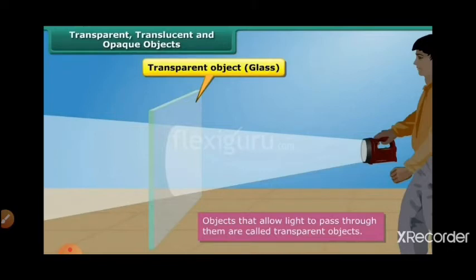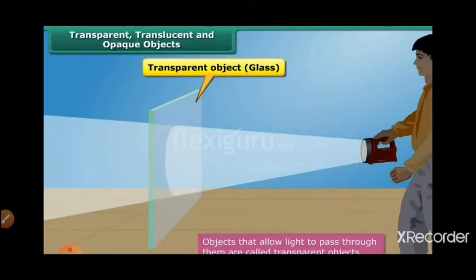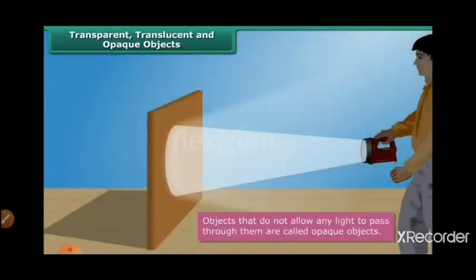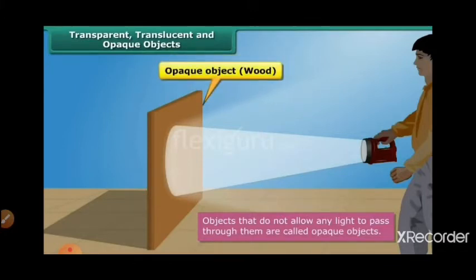These are called transparent objects. There are so many examples you can observe as transparent. Next one is opaque. Opaque objects will not allow the light to pass through them. Opaque objects form a shadow on the opposite side of the source, like wall, wooden block, wooden piece, human body. It will not allow light to pass through them.